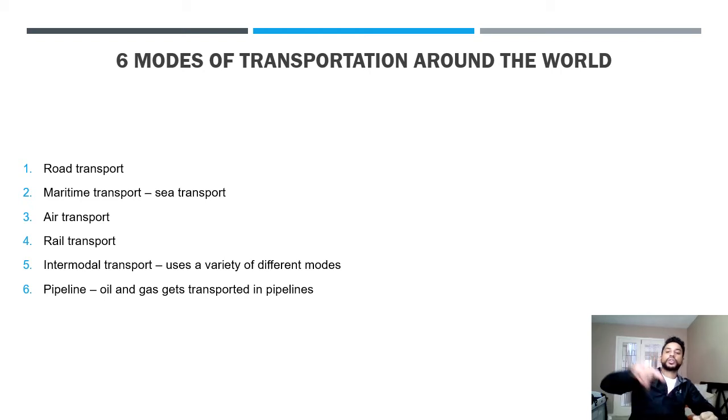Those rail cars go deep into the middle of the country, to a place where the ship cannot reach. Then from the rail yard, trucks come in and get filled up with that oil, and they go directly where the rail cars can't go, which is the city streets, to deliver to clients. So that's basically how intermodal transport works.